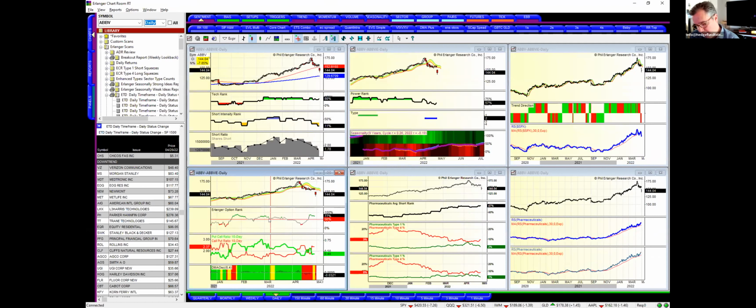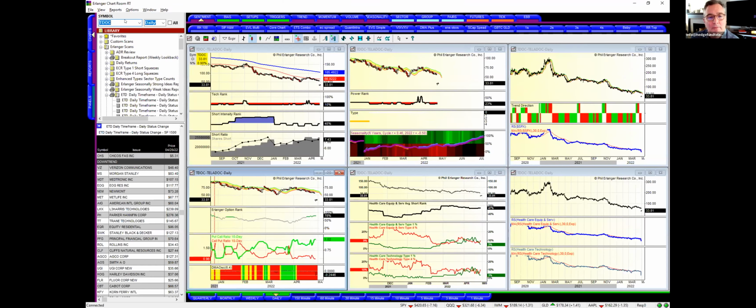So that's just that. Let's also look at one that Kathy Wood has blown herself up in, once again, Teladoc. I haven't looked at it on the system here. So again, shorts have been steady there, 7 days, 7.4 days to cover.